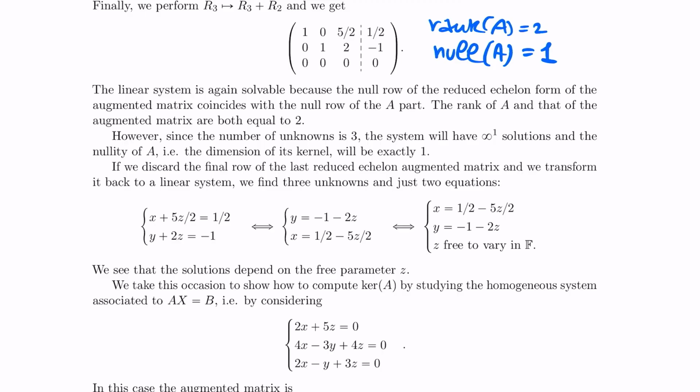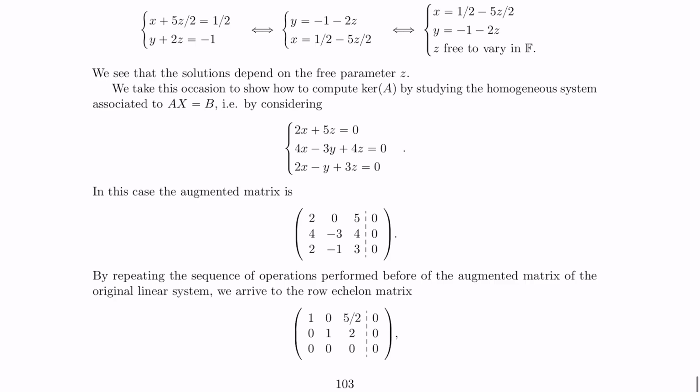This example offers us a nice opportunity to compute the kernel of the matrix A explicitly. We know that by definition the kernel of A is given by the column vectors x that satisfy the homogeneous system Ax equals 0 associated with the linear system Ax equals b.